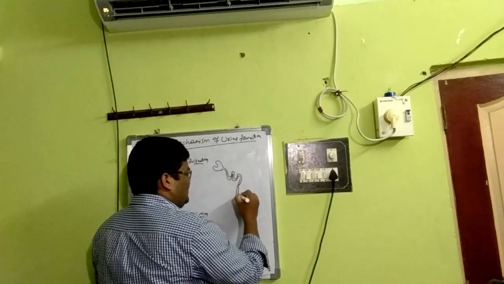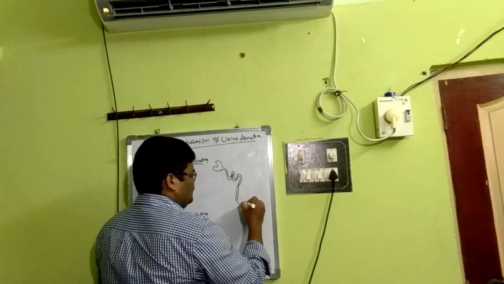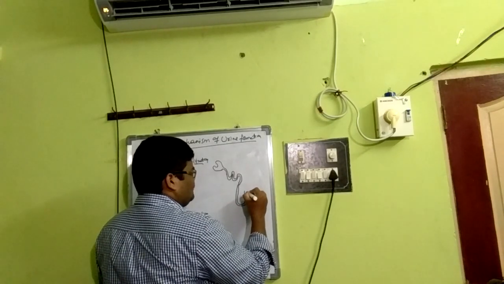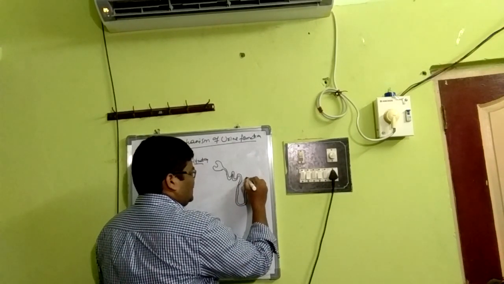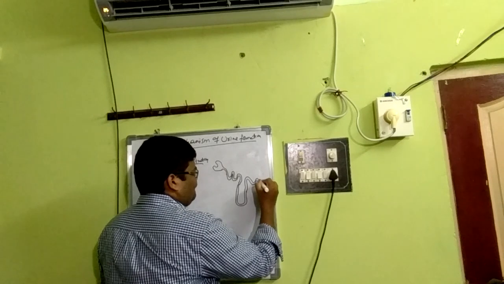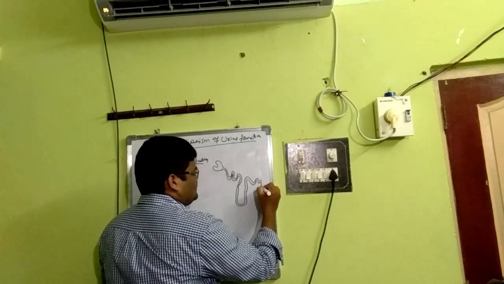And this is the loop of Henle. This is the descending limb and the ascending limb. This is DCT, that means distal convoluted tubule, and this is the collecting duct.